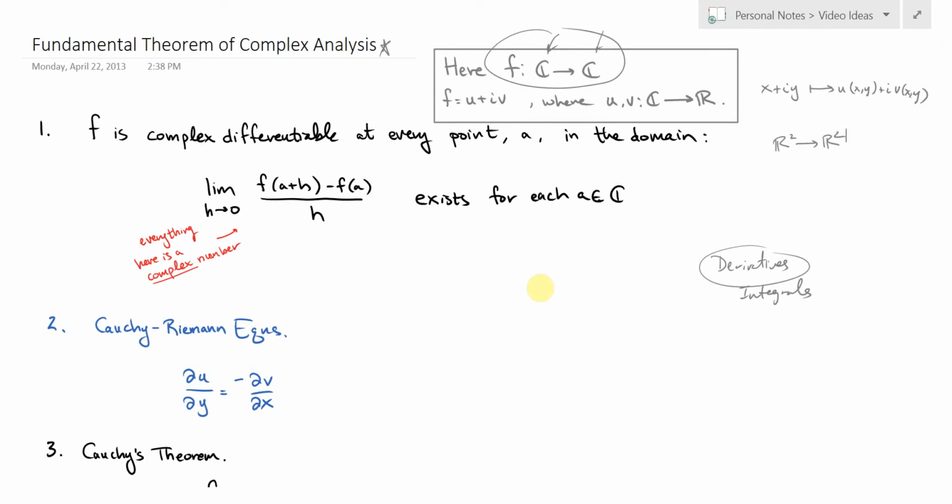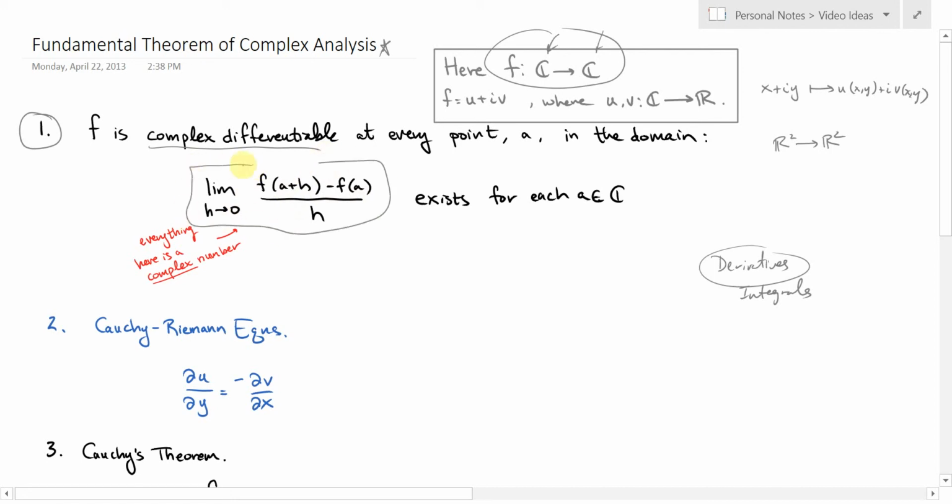And what you'll find is, well, let me actually jump right in. The first property that we're discussing is complex differentiability at every point a in the domain. Remember, real differentiability means that this limit exists: the limit of this Newton quotient, f of a plus h minus f of a all over h, as h goes to 0.